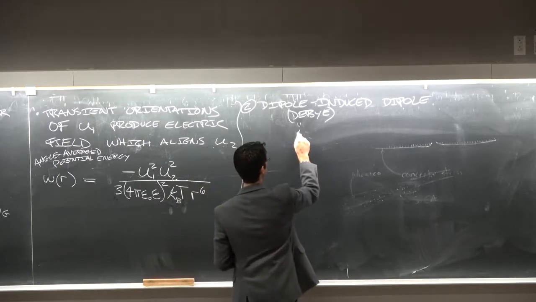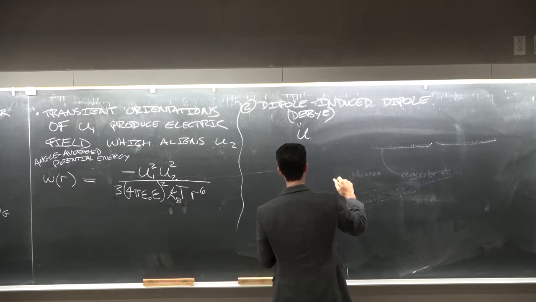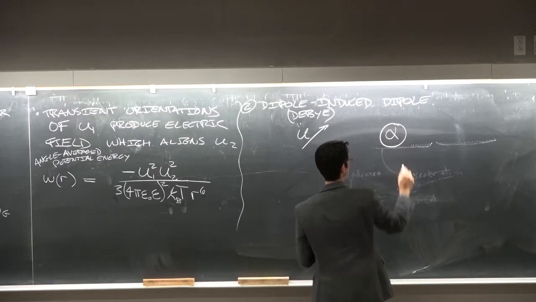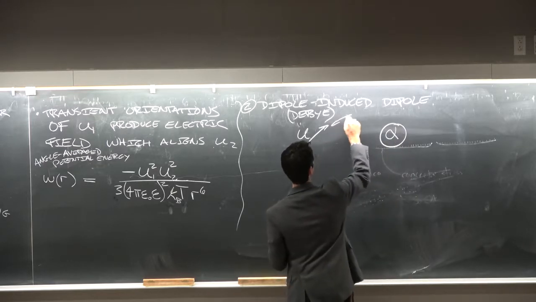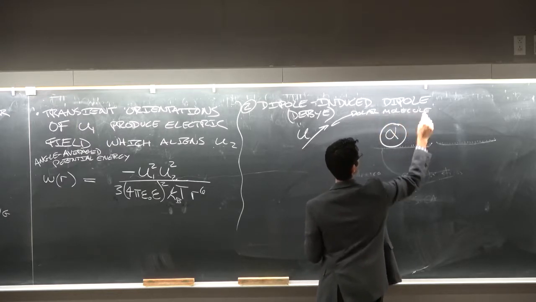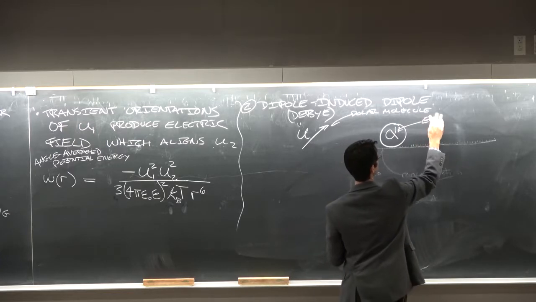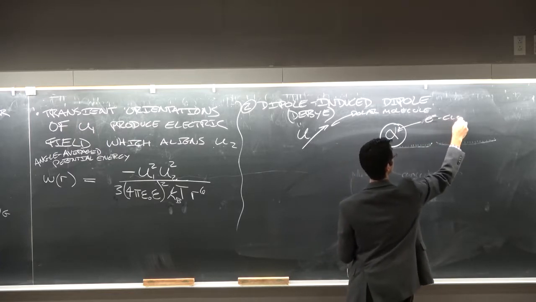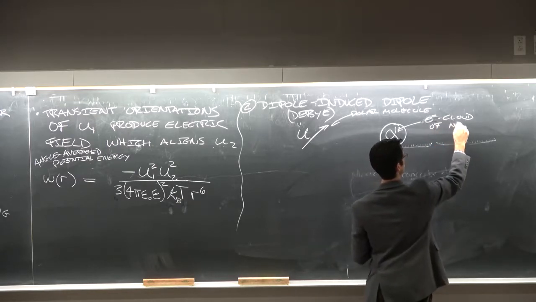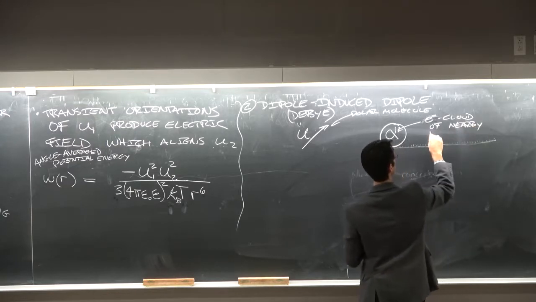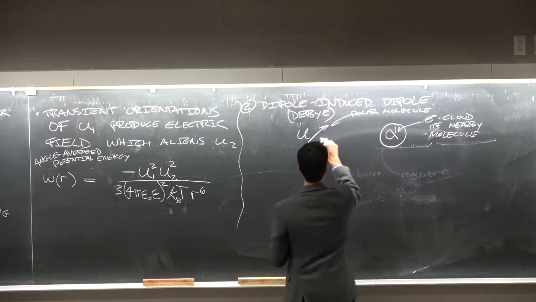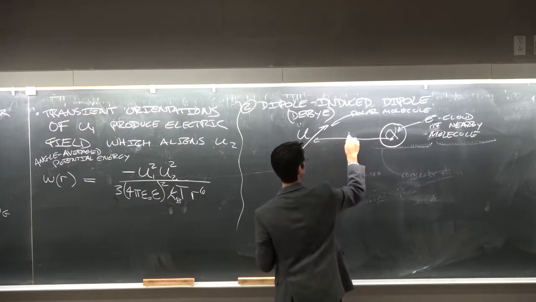In this case, what we have is the dipole moment of a polar molecule, U, interacting with, so this is a polar molecule, and this is the electron cloud of a nearby molecule. And again, the center-to-center distance is r.